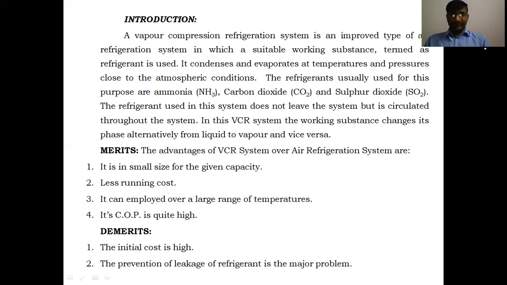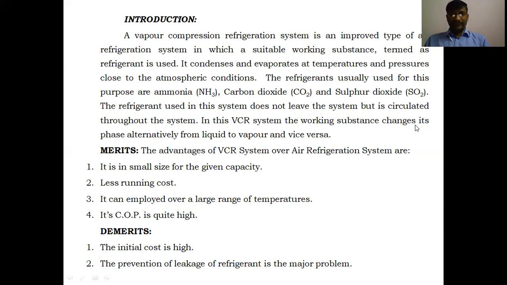This is the main difference. In the open air refrigeration system, air is continuously replaced, but in this system, the working fluid does not leave the system. That is, the working fluid is continuously recycled within the system. In this VCR system, the working substance changes its phase alternately from liquid to vapor and vice versa.